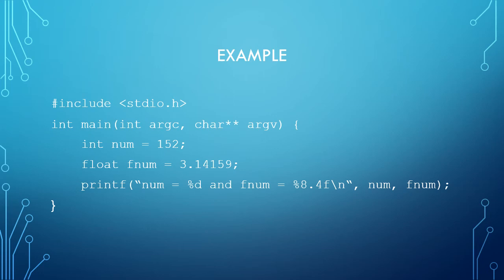The meaning of this parameter list is the same as the meaning of the parameter list in main in Java. It says I'm going to pass an array of strings. The first parameter says how many strings are in the array, and the second parameter represents the array of strings using pointer notation. So don't worry about that right now.